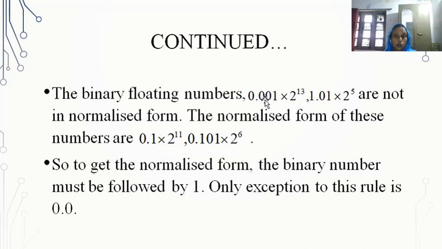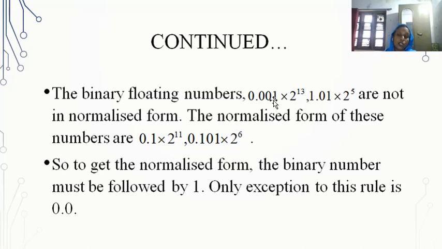Okay, so this is not in the normalized form. Similarly, here 1.01 is also not in the normalized form. But these two numbers are binary floating point numbers.